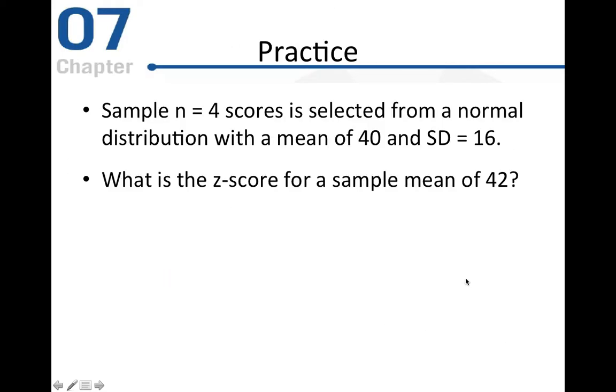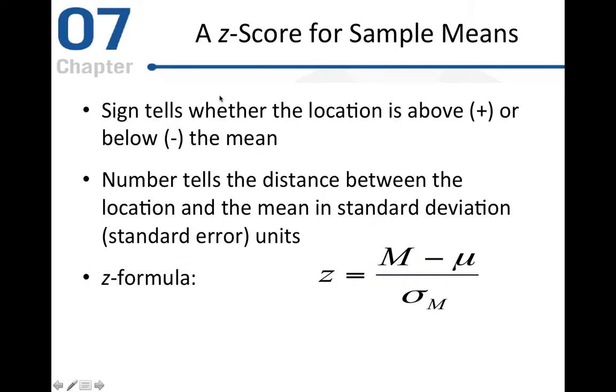And so what we would essentially do is take 42 minus 40, divide it by the standard deviation of our population, divided by the square root of n. Because 42 is our sample mean, population mean is 40, standard error is equal to the standard deviation of the population divided by the square root of n.